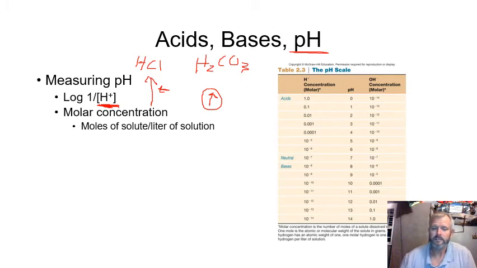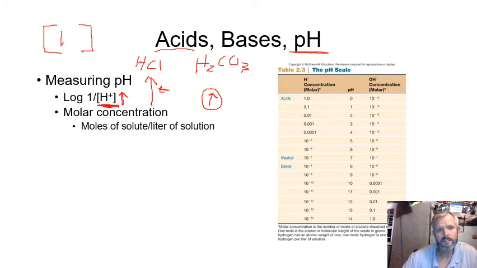What is the equation? Because if you look, an acid is going to make this number greater. Where is this number? This number is this concentration. And so whenever you see brackets, that's telling you concentration. What is the concentration?